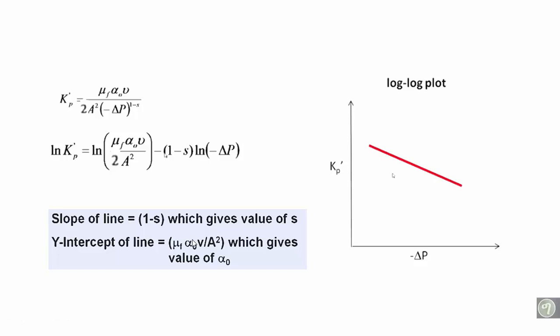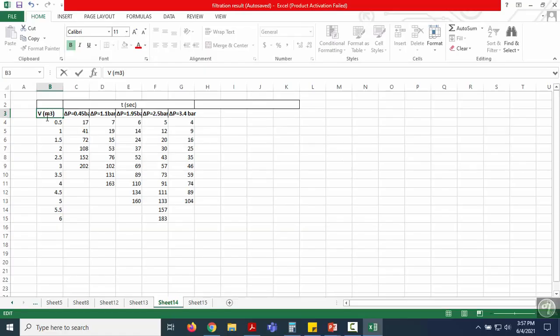So if you know these values, then here is the volume we have and the time in seconds is given. You have to determine t over V for each delta P. Let's say P1 represents delta P1, P2 delta P2, P3 delta P3, and P4. So for each delta P, you have to determine t over V. Here for delta P1, which is 0.5 bar, t over V will be 17 divided by 0.5.